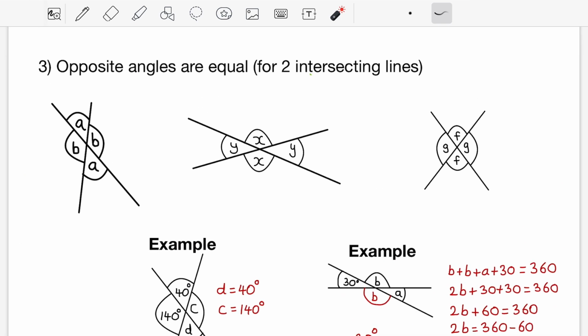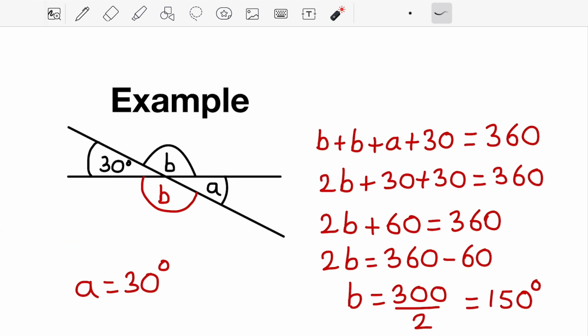You can see that right here. So we have the two angles that we can easily find. Take it away from the total, we'll get the remaining angles. And then 2b is equal to 300. So we divide 300 by 2 to find b. So b is equal to 150 degrees.